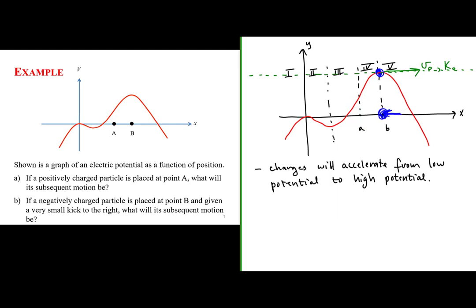But now that it has some speed, it'll go to the other side, slow down, and stop. And the reason why it's slowing down is because the electric force is trying to take it from low potential to high potential. So electric charges want to always accelerate from low to high potential.